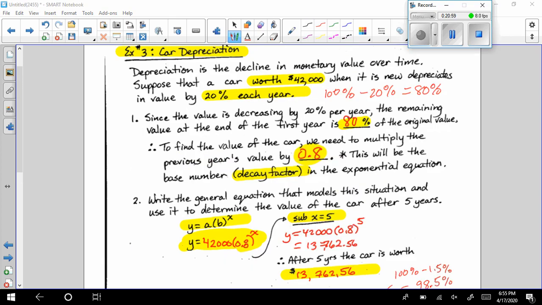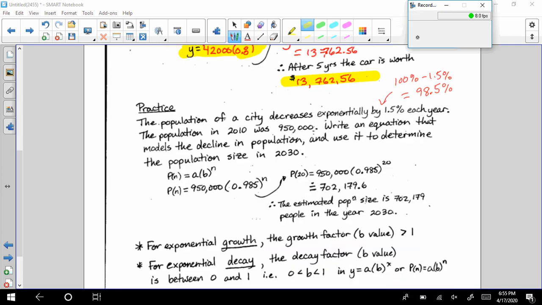I purposely chose some simple numbers in the first example so that you could process this pretty easily in your brains. So if something loses 20% of its value, 100% minus 20% leaves you with 80% of the original value. Well, the numbers that we're working with in the next example are slightly less friendly, but we're applying the same idea.